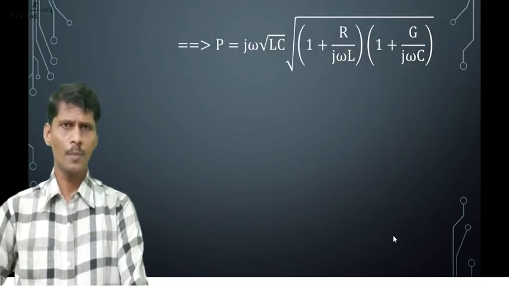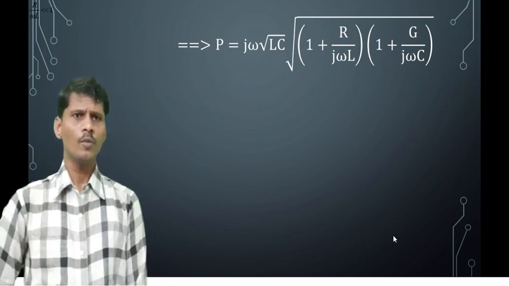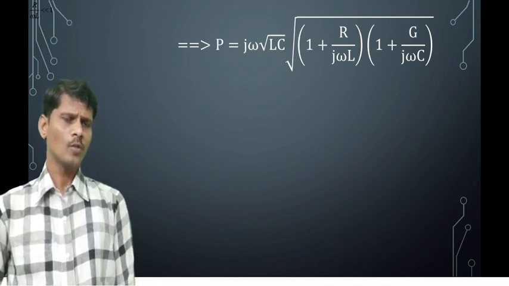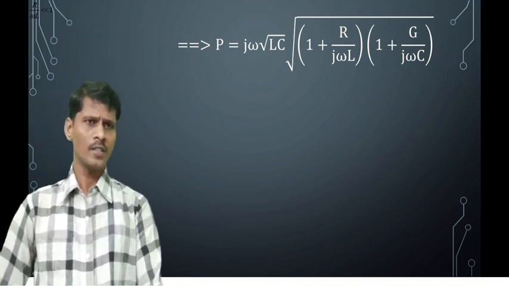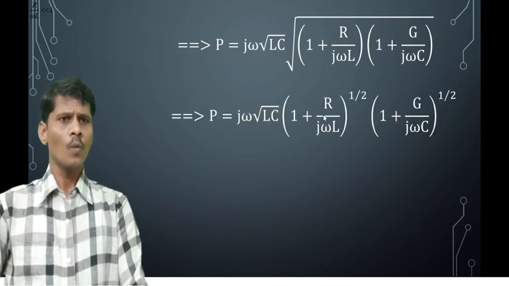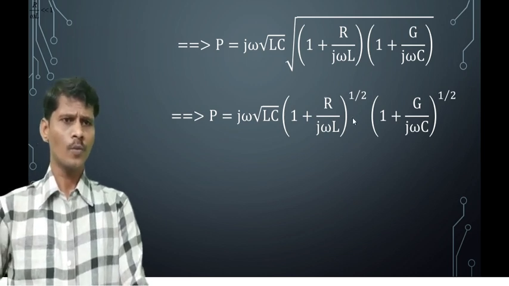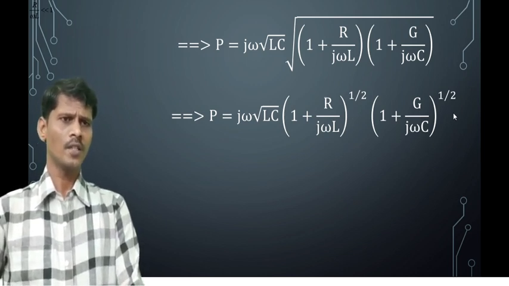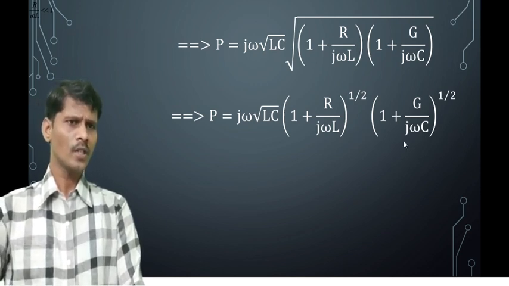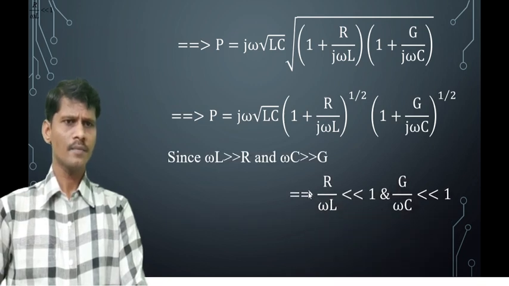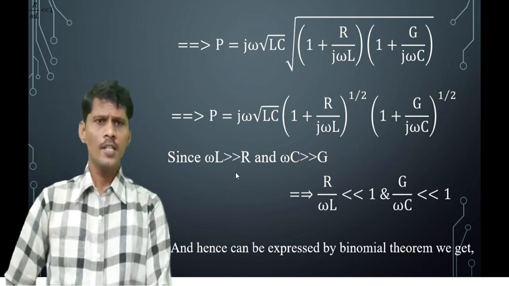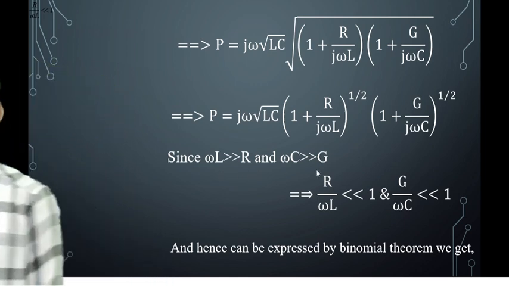So the propagation constant P is equal to j omega into square root of LC into square root of 1 plus R by j omega L into 1 plus G by j omega C. These can be written as 1 plus R by j omega L whole to the power of 1 by 2 into 1 plus G by j omega C whole to the power of 1 by 2. Using binomial expansion, these two terms can be written at high frequencies, where omega L is very much greater than R and omega C is very much greater than G.